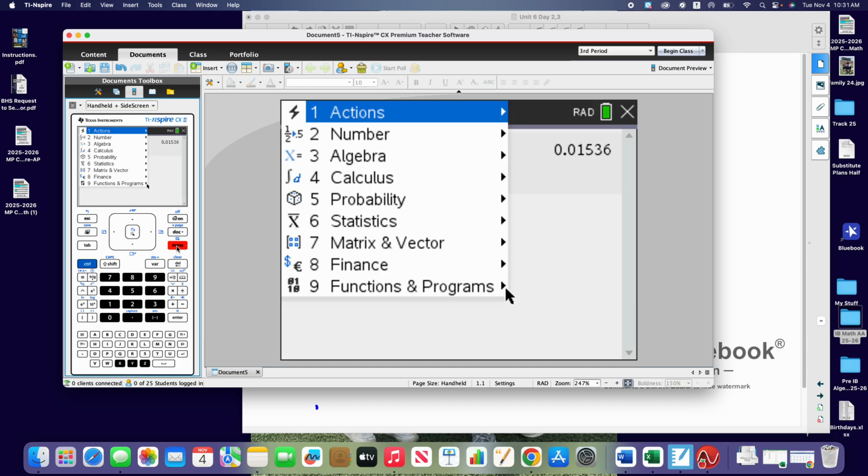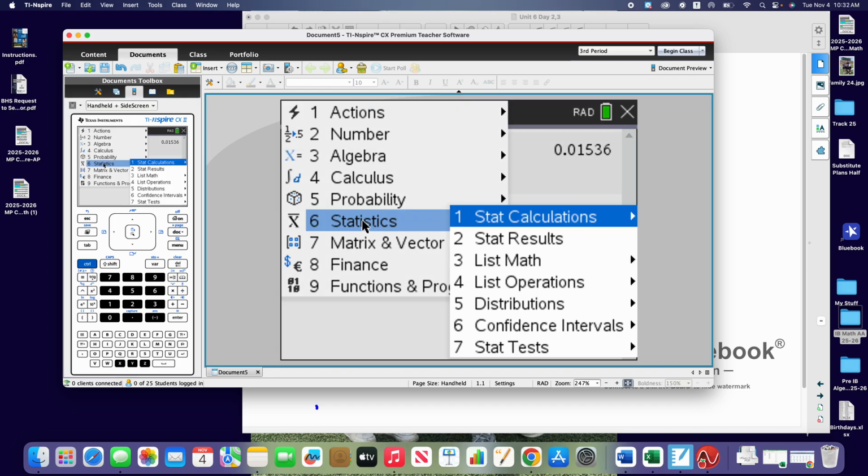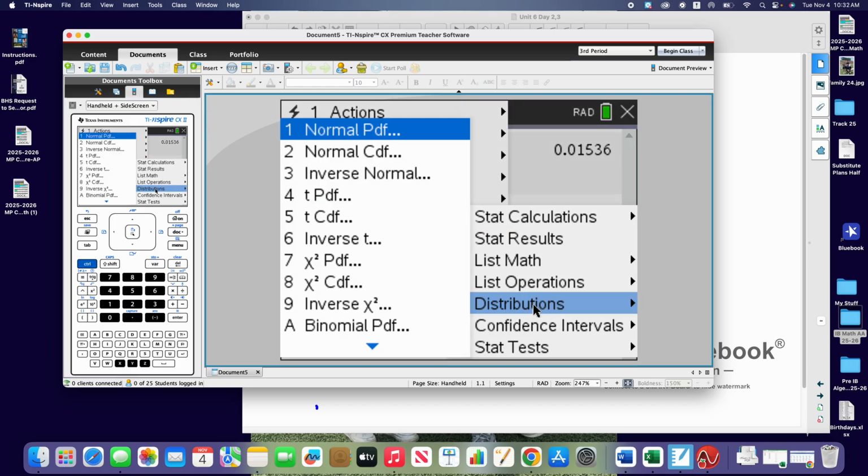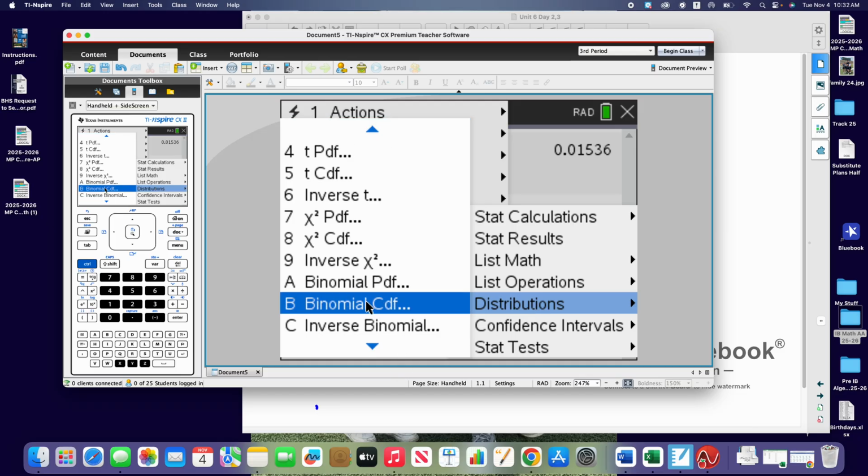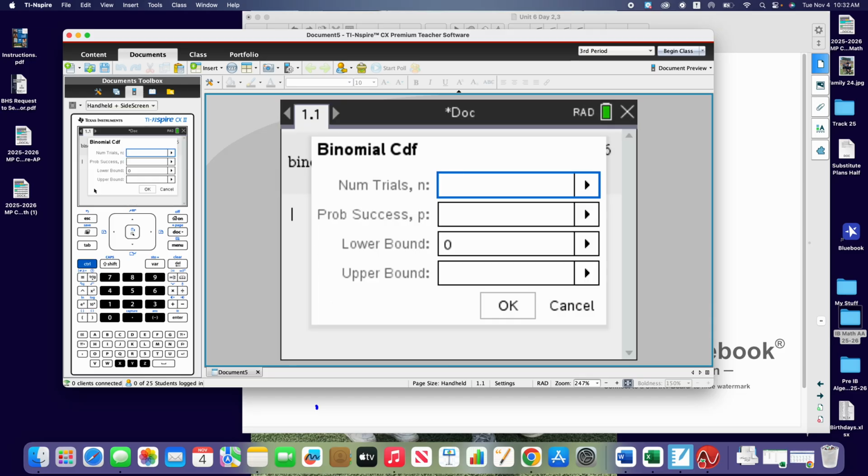So if I go menu, and I go statistics, and I go distributions. If I go below the PDF, I see CDF. You might memorize that it's A and B, and I can just hit A and B on my calculator, and it will take me right to it, all right? And so I'm going to choose CDF. It looks a little bit bigger. It's asking a couple more questions. What is my number of trials? 6 still.